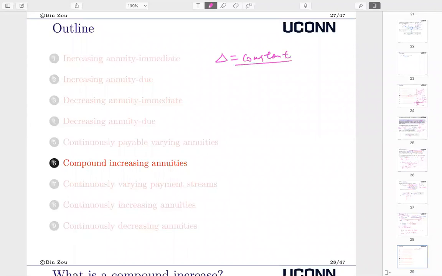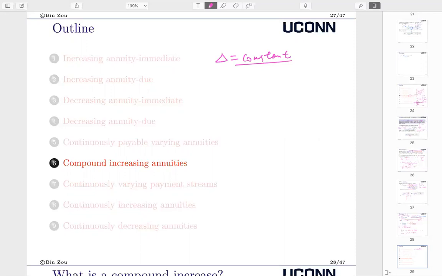So either we have an increasing annuity or decreasing annuity, the amount of increase or decrease is a constant. Mathematically speaking, in the previous 5 sections, we deal with arithmetic sequences.